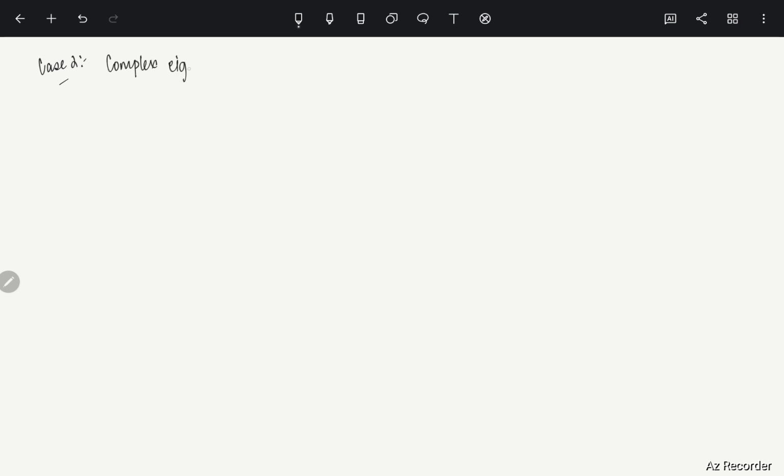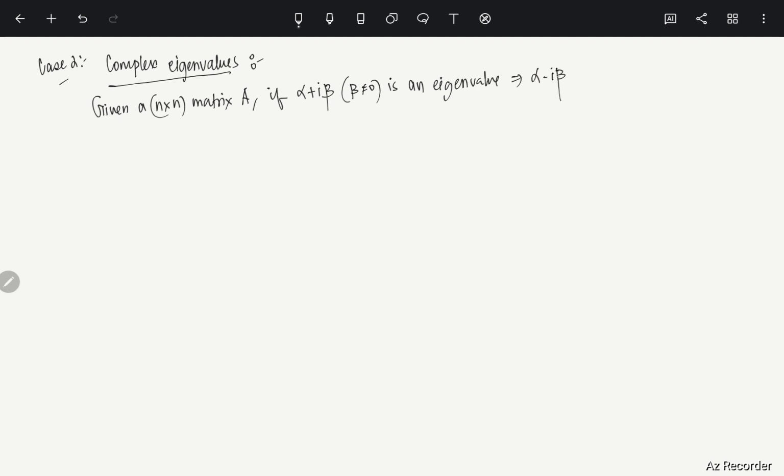Please remember this: given an n by n matrix A, if alpha plus i beta, with beta not equal to 0, is an eigenvalue, that will imply alpha minus i beta will also be an eigenvalue. So the conjugate will be there. This part we already know.